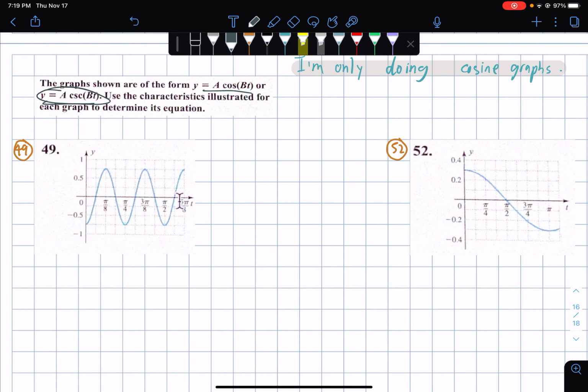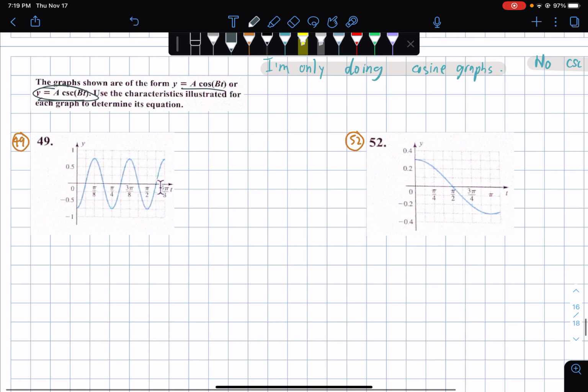We are given a graph, but we have to determine its equation. Okay, this is something new. But before that, we need to determine what kind of graph this is. For number 49, it's actually a cosine graph. How is it a cosine graph?